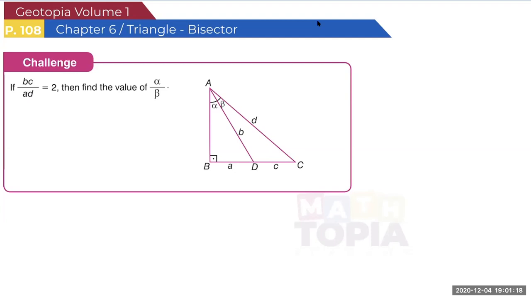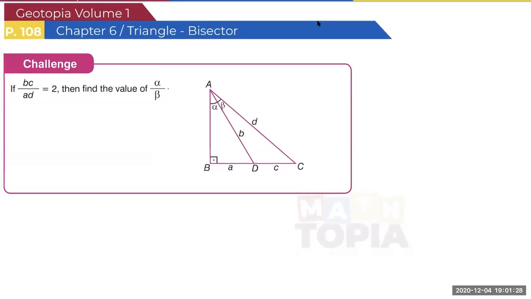Now they worked on this problem in the topic of angle bisector. Andrew, let's remind our audience of the angle bisector theorem one more time.